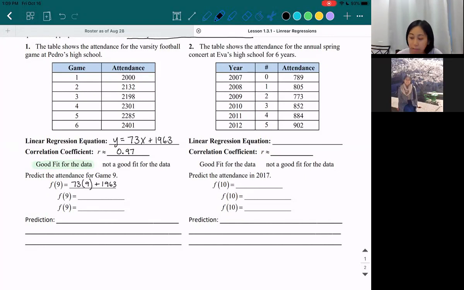Multiply first: 73 times 9, I'm going to use a calculator. 73 times 9 is 657, plus 1963 gives 2,620. We can estimate that if the trend continues in this manner, there will be 2,620 people in attendance at game 9.